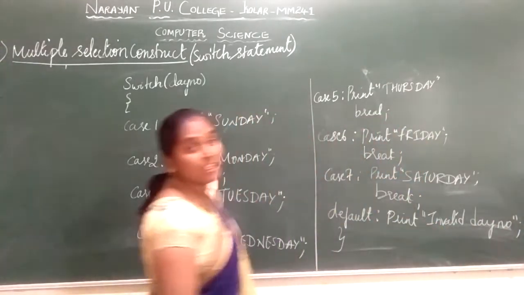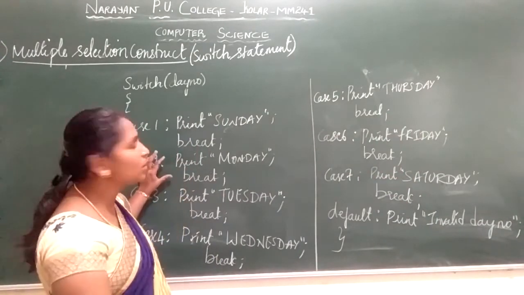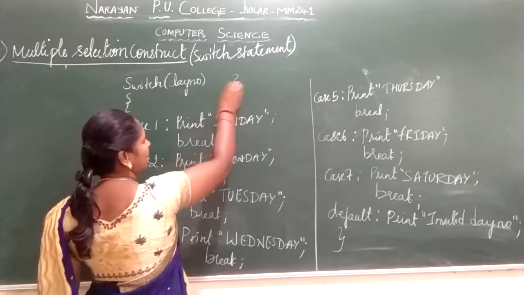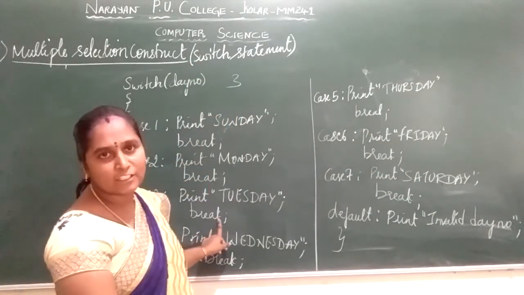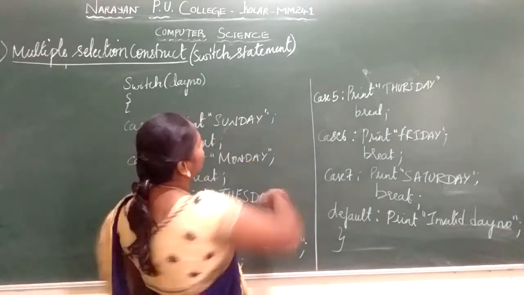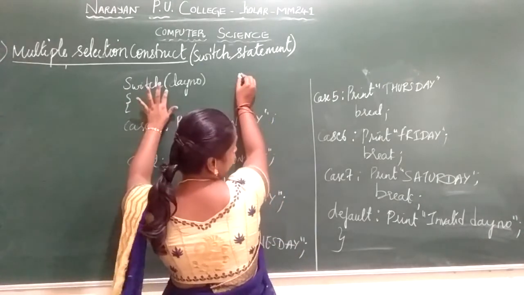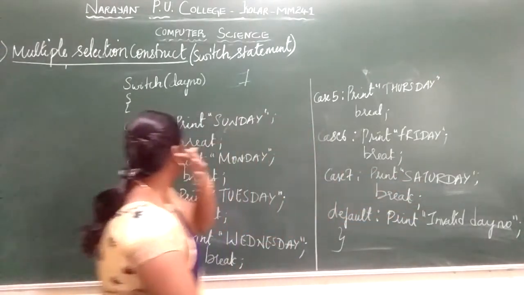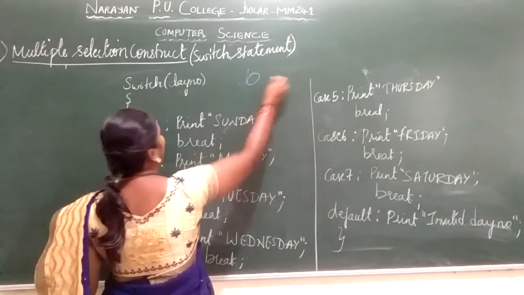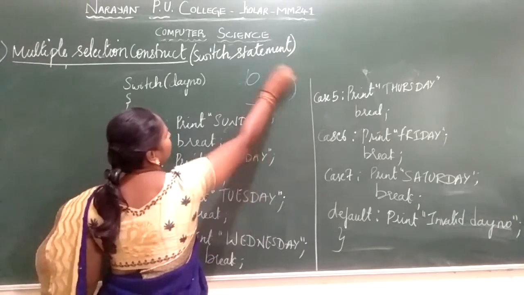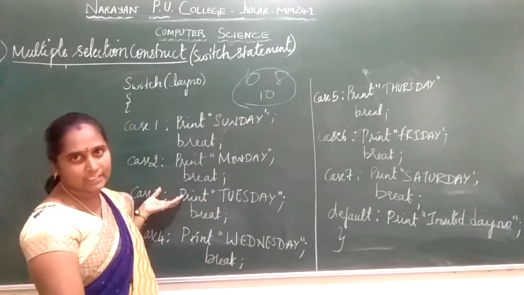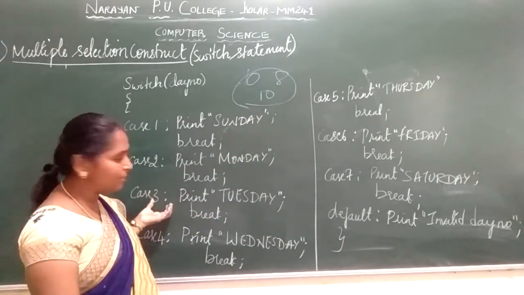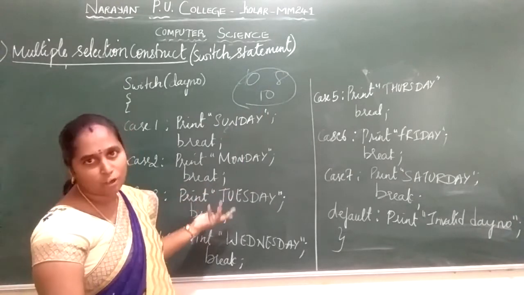If any one of the case values is matched, only that particular case runs. Suppose I have entered the day number as 3, it is going to print Tuesday. If the value of the expression is 7, it is going to print Saturday. If I have entered any other numbers like 0, 8 or 10, it doesn't match any of the case labels, so those statements cannot be executed.